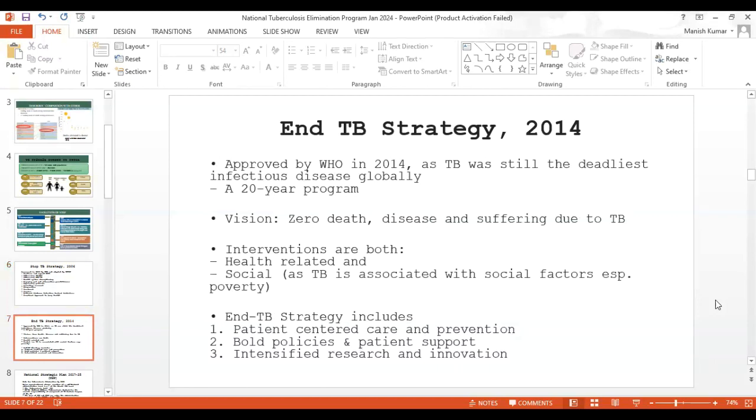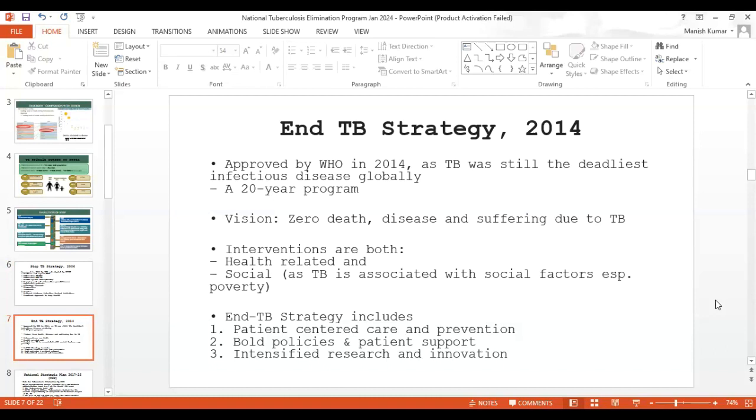Now, after the Stop TB strategy, the End TB strategy came in 2014. This was launched and approved by WHO in 2014, because TB was still one of the deadliest infectious diseases globally. So they came up with a strategy for 20 years.